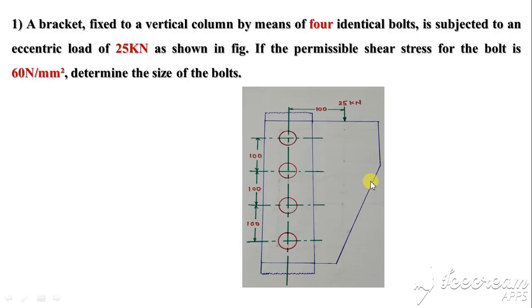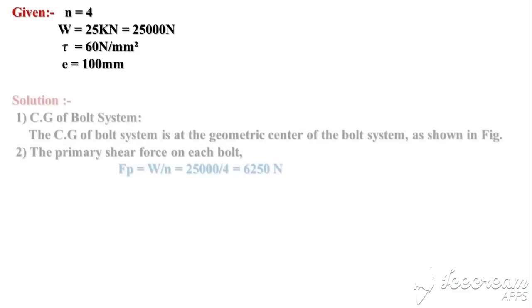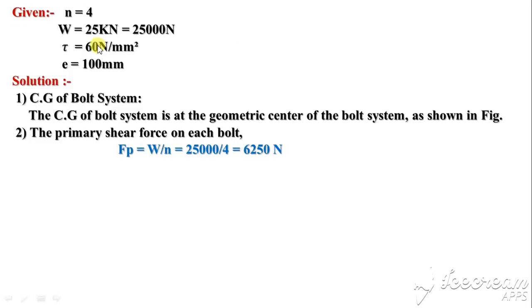So let's see these calculations. The given total load W is 25 kilonewton, the eccentricity e, and the number of bolts is 4. As discussed, the CG of the system is at the geometric center. So the primary shear force, let's say Fp, is the same for all bolts.